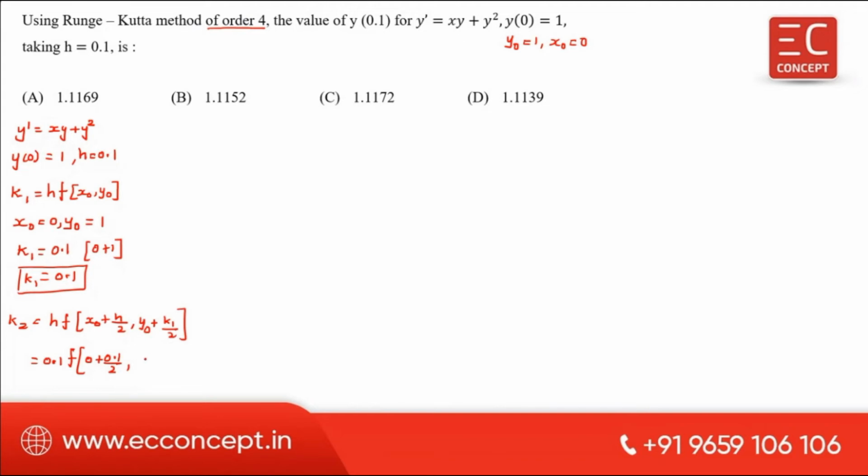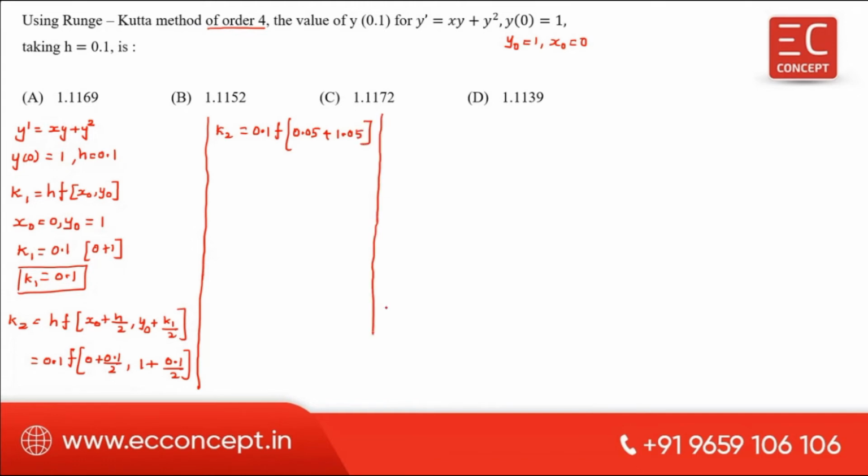Comma, what is y naught? 1 plus, what is k1? 0.1 divided by 2. If we simplify this, therefore k2 is equal to 0.1 into the function 0.05 comma 1.05.